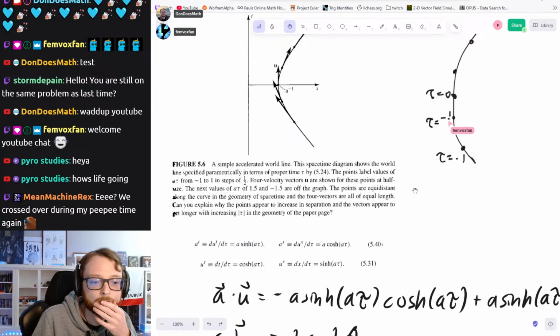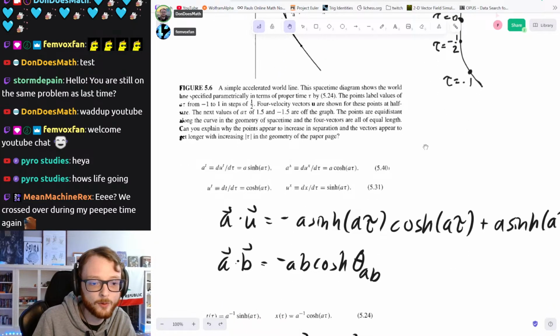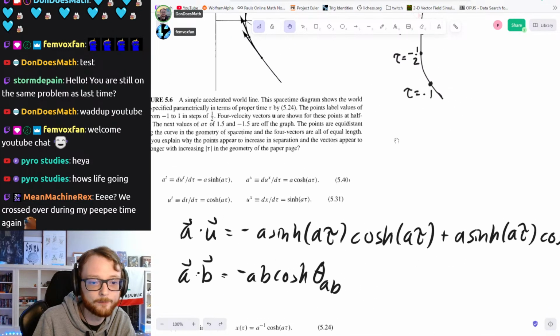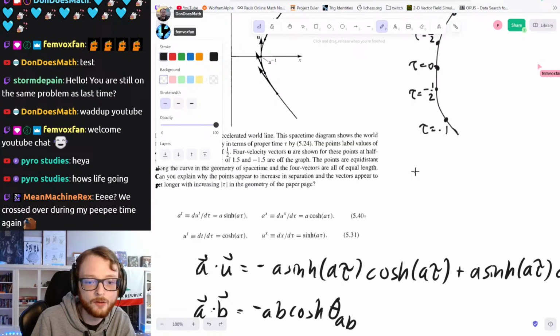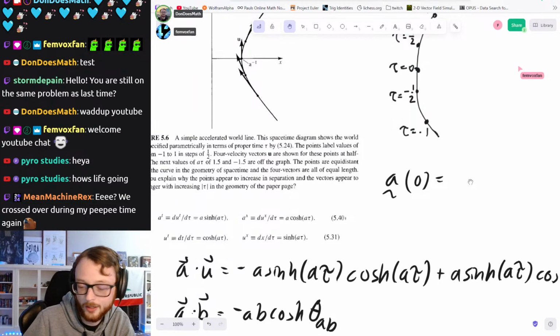Maybe we could just plug in those numbers and see what we get for acceleration and for velocity. Maybe that'll make sense. I don't think I tried that yet. So for a, maybe 0 will be the most instructive. I don't know, my caution with cinch is the issue.